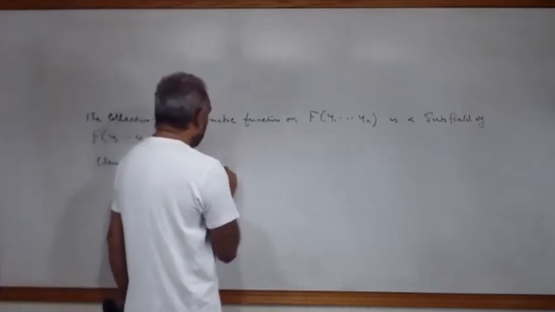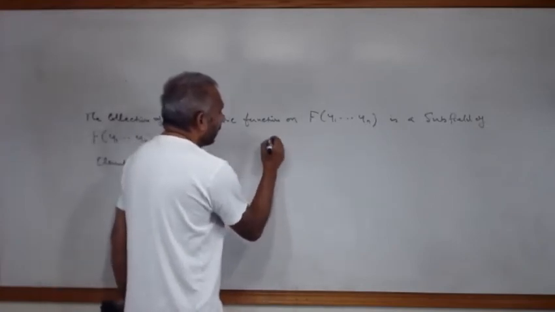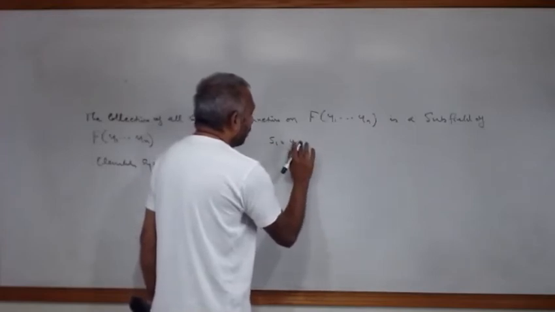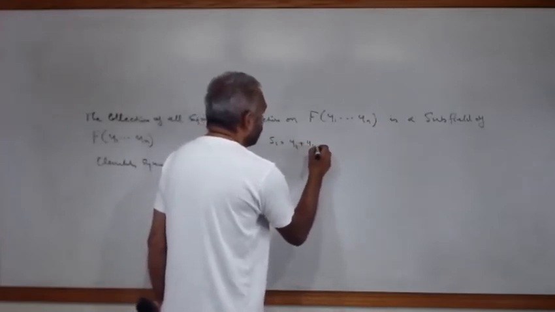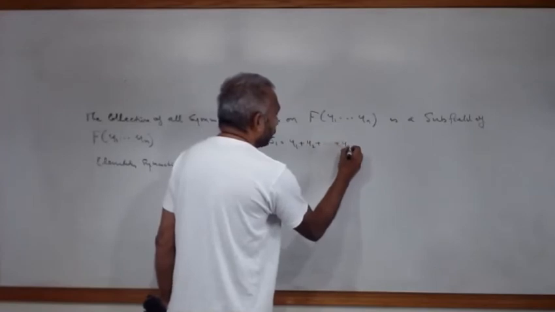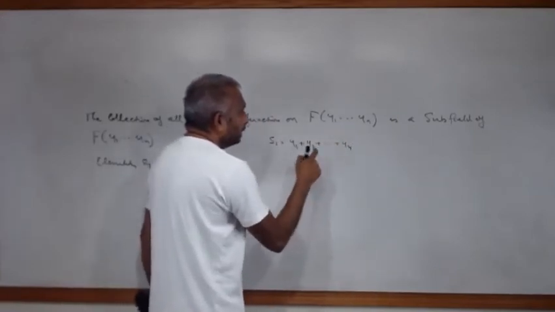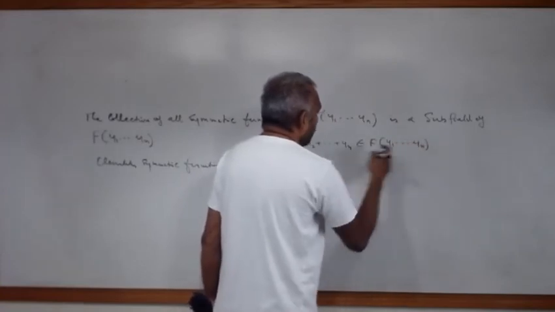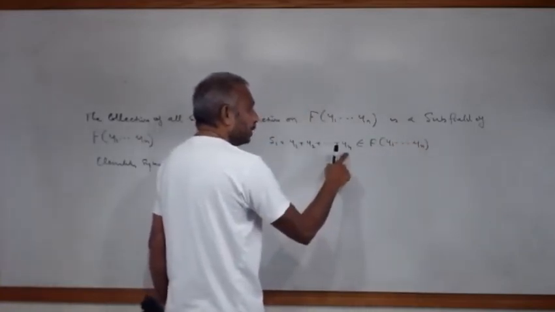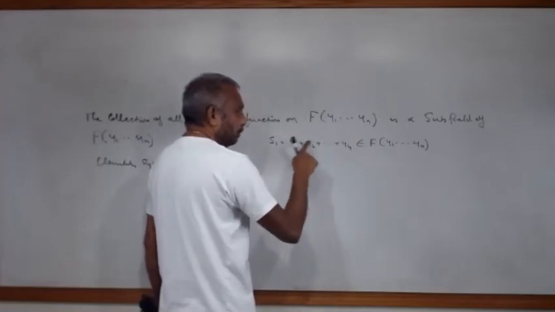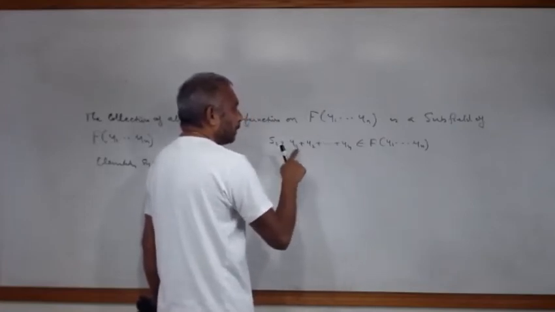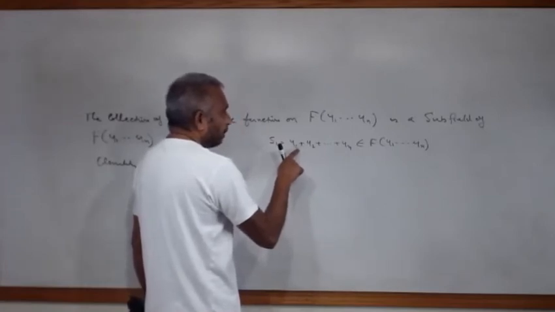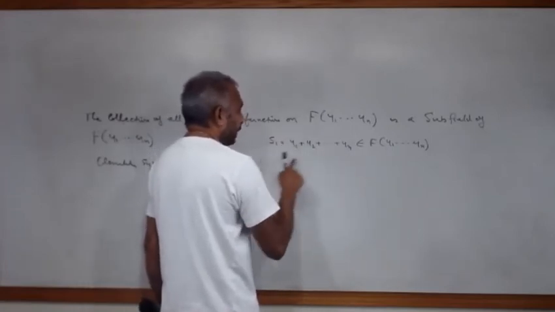So we'll start from a very simple one. It's called S1, which is y1 plus y2 plus ... plus yn. Definitely this belongs to F(y1, ..., yn), and it is symmetric because if you permute the numbers from 1 to n, it remains the same.